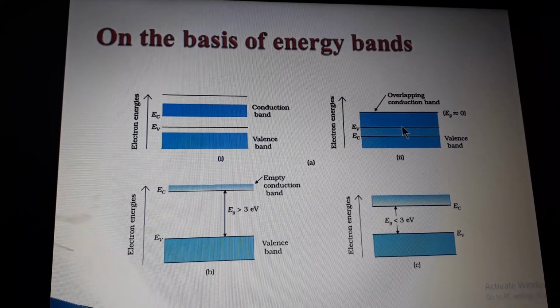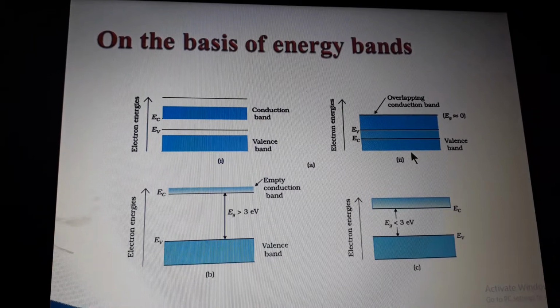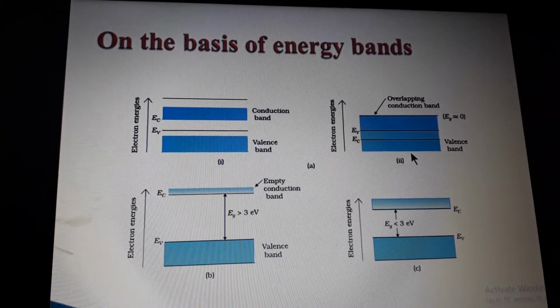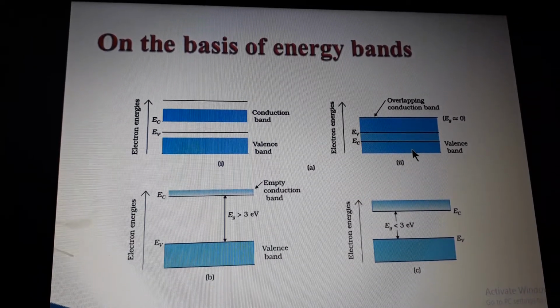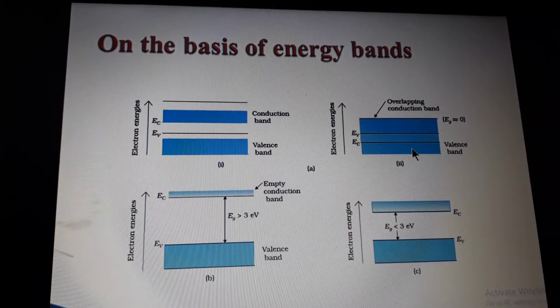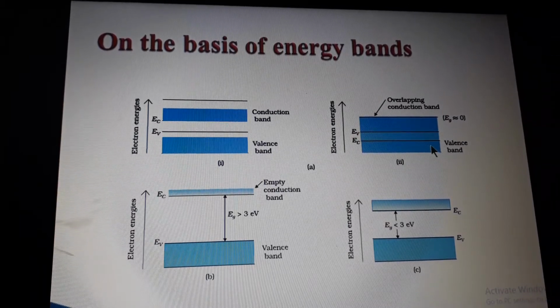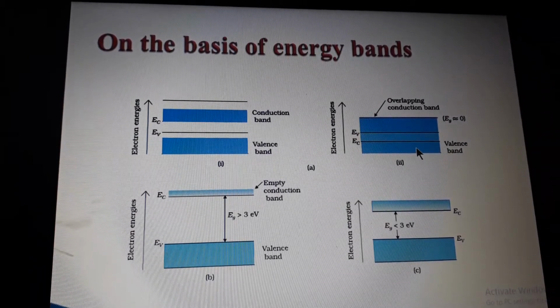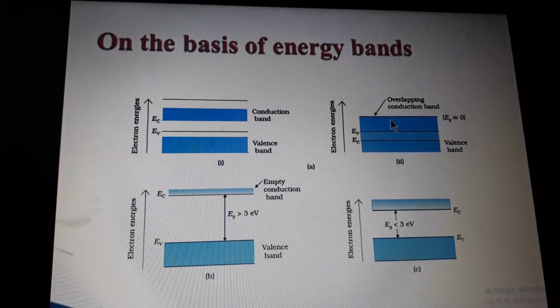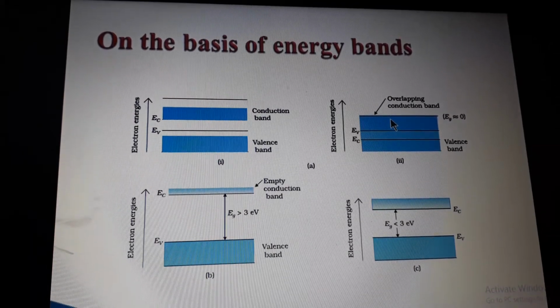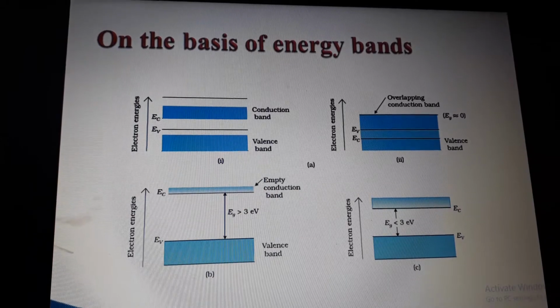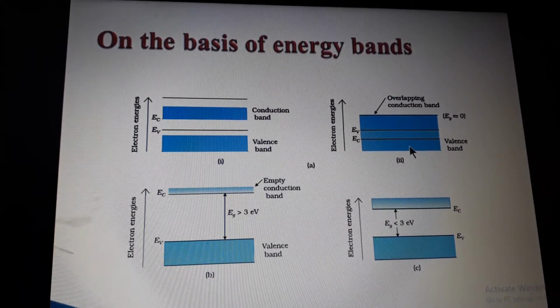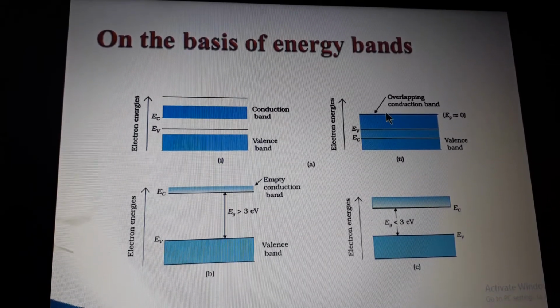So just see, this one is a conductor. In a conductor, the conduction band and valence band overlap. Due to the overlap, the valence electrons in the valence band easily move to the conduction band, and there the valence electrons become free electrons.